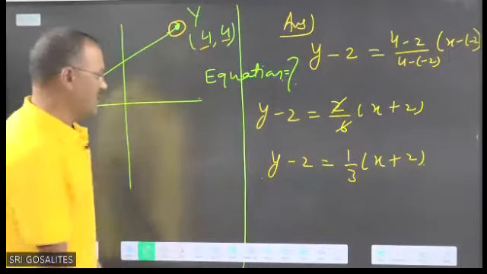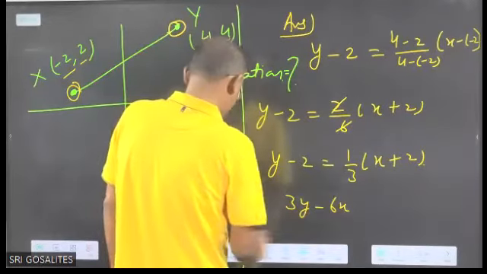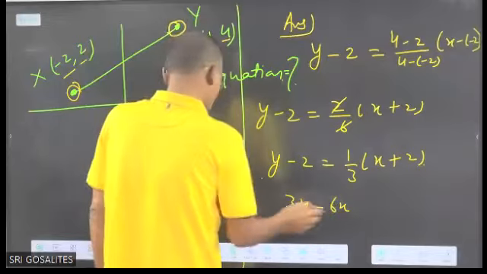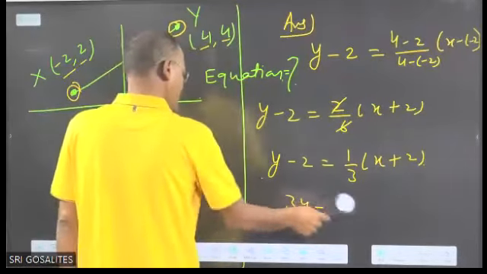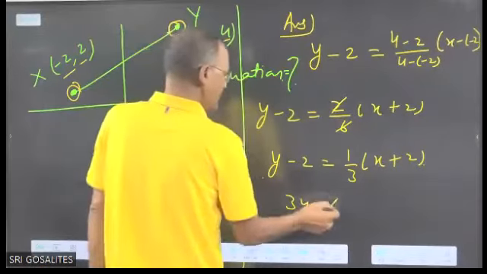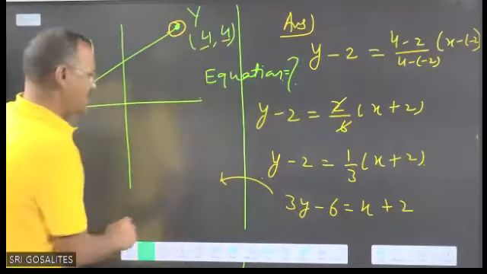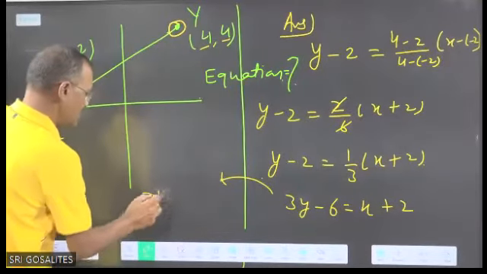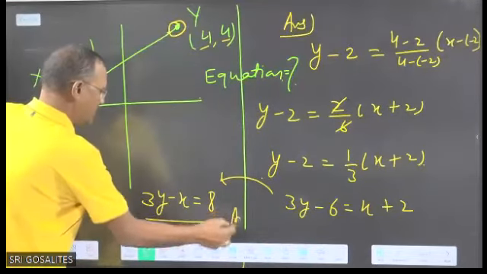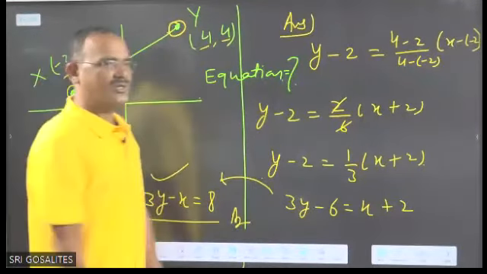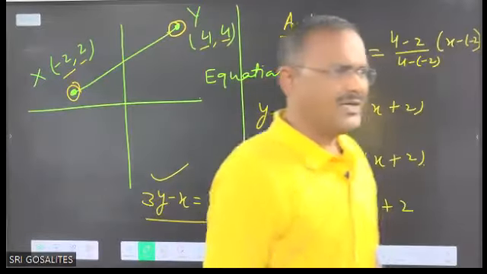Okay, so this is the equation. 3 by -6, x plus 2. So how can I write this? 3 by -x is equal to 8. This way you can arrange. 3x plus 8.